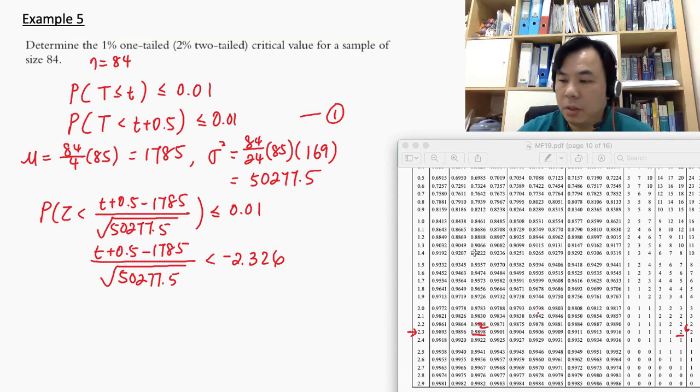And then from here, let's see what is the value for this one.